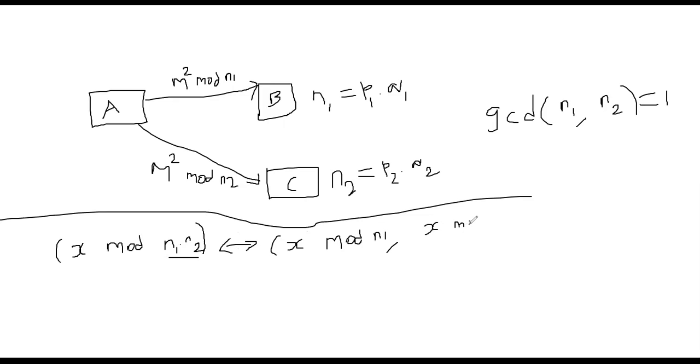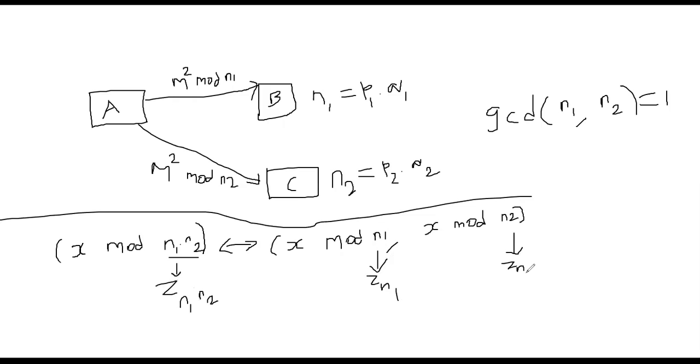So given a point in one group, we can map it to the other 2 groups, right? This is one group. Let's call it the Z N1 N2 group for a moment, right? The set of all integers from 0 all the way to N1 times N2 minus 1, and that's the meaning of Zn. The same thing here, right? Zn1 and Zn2. Okay, all right.